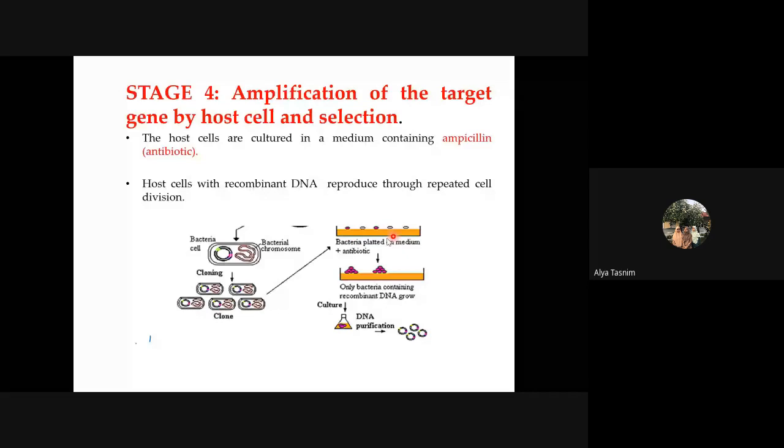So you grow them in the medium containing antibiotic. Bacteria without the plasmid will die. But the bacteria that take up the plasmid can survive in ampicillin, because of the ampicillin resistant gene in the recombinant plasmid.